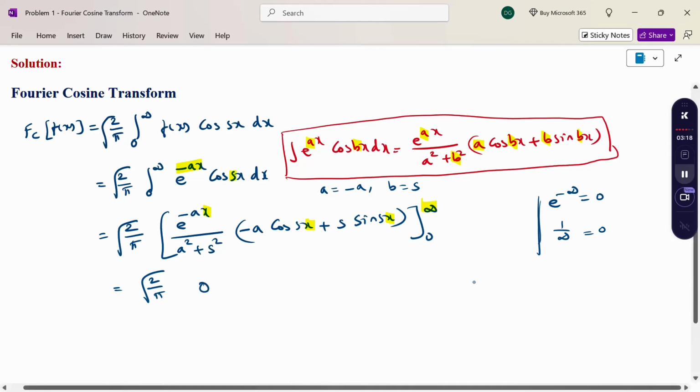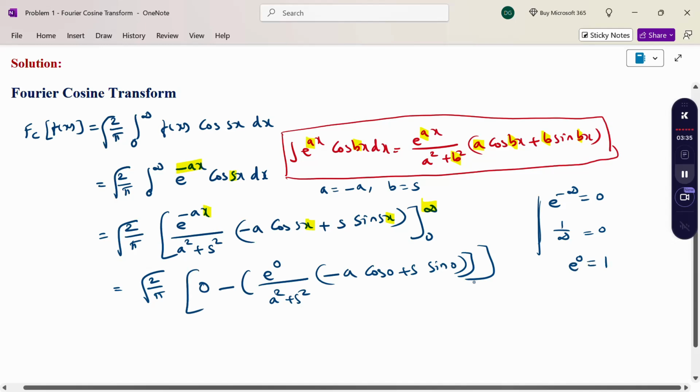So the upper limit gives 0, minus the lower limit: e power 0 divided by a square plus s square, times minus a cos 0 plus s sin 0. Now e power 0 is 1, cos 0 is 1, sin 0 is 0. Substituting, we get square root of 2 by pi, a divided by s square plus a square.